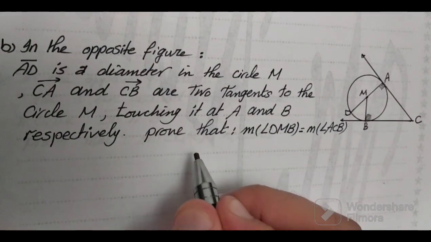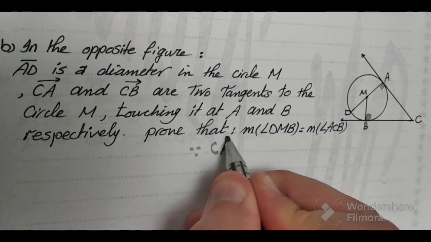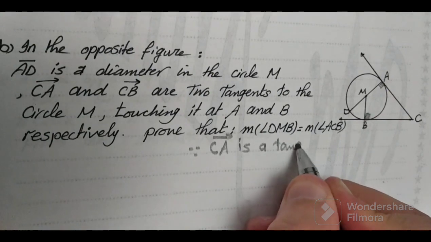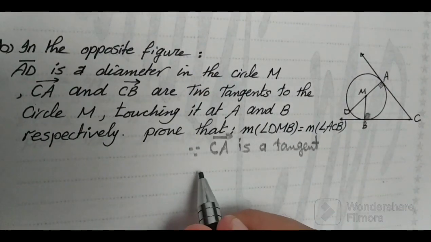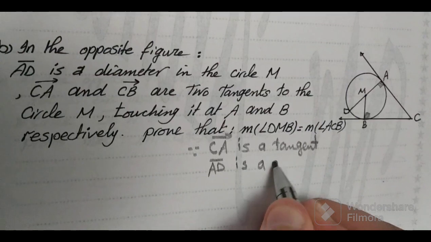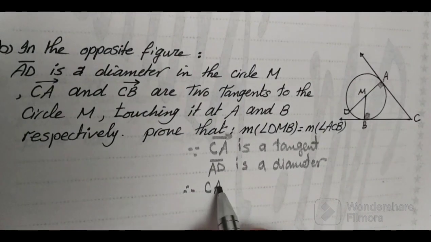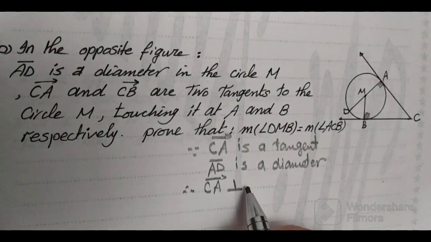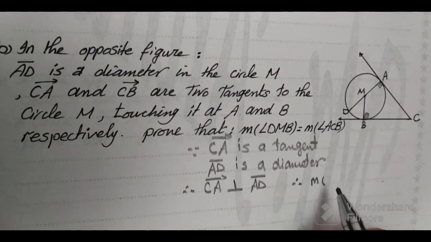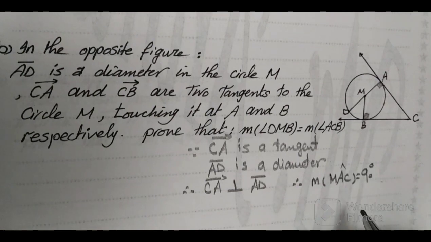To write it: first, since CA is a tangent, AD is a diameter, therefore CA is perpendicular to AD, therefore the measure of angle MAC equals 90 degrees.